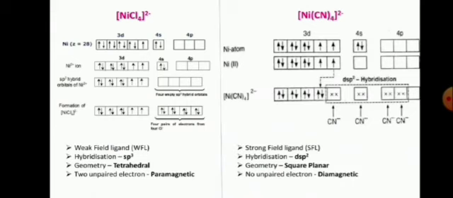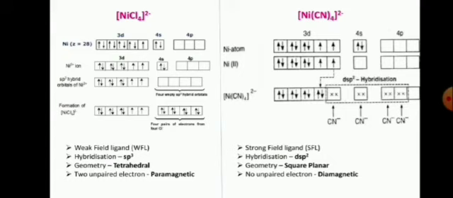So see, there is a very slight difference. The difference in the 2 complexes was only of ligands. Both had central metal atom as nickel +2. However, in one example we had a weak field ligand, and in another example we had a strong ligand. Because of the strong ligand, the hybridization became dsp2, and because of the weak ligand, the hybridization becomes sp3.